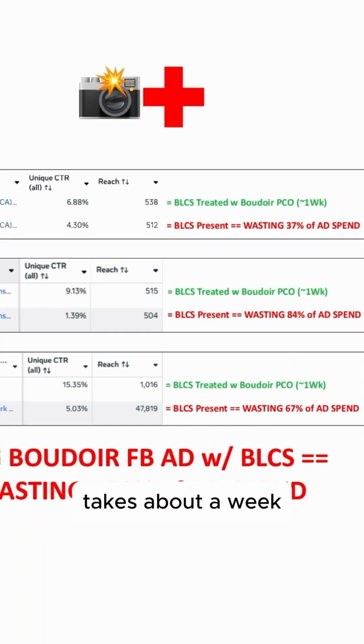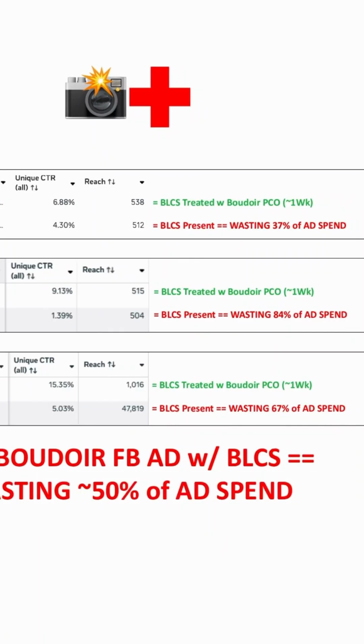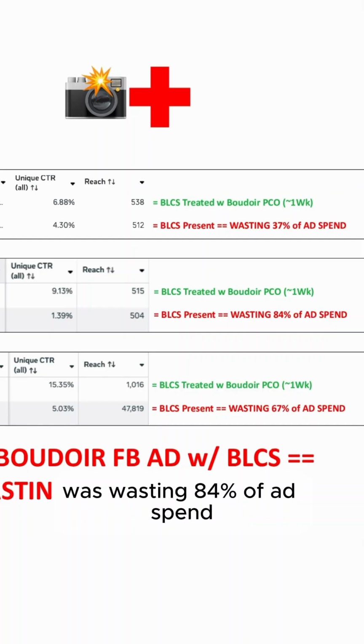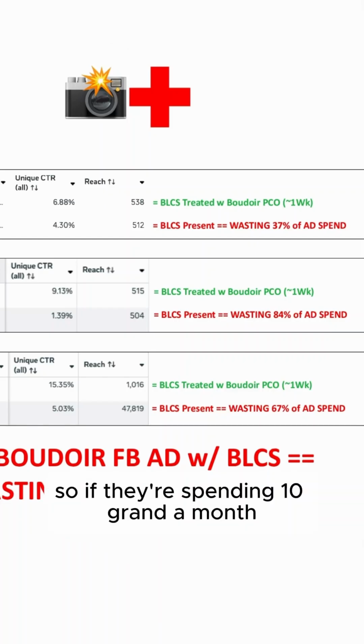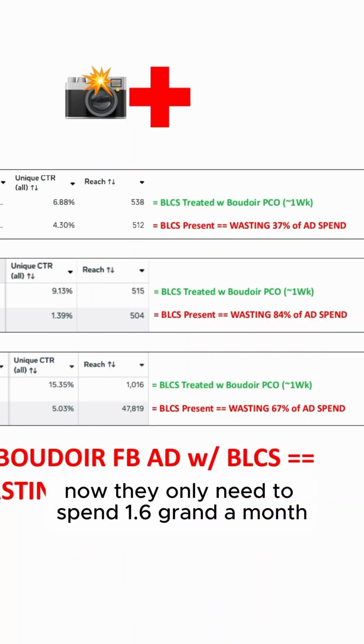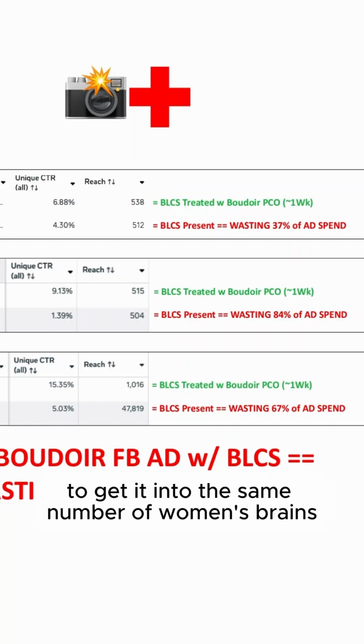Takes about a week, and we got the unique CTR up to 9.13%. So we found out the original Boudoir Facebook ad was wasting 84% of ad spend. So if they're spending 10 grand a month on the original Boudoir Facebook ad, now they only need to spend 1.6 grand a month on the Boudoir Pico treated ad to get into the same number of women's brains.